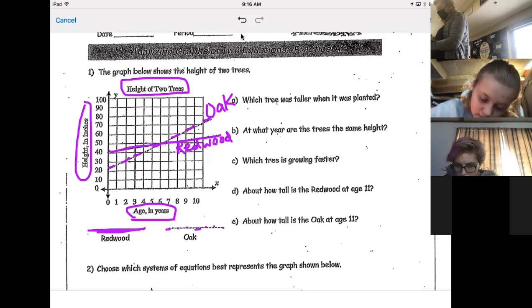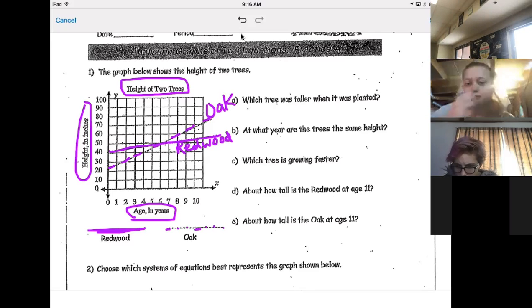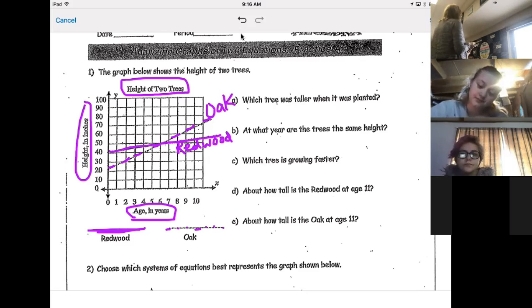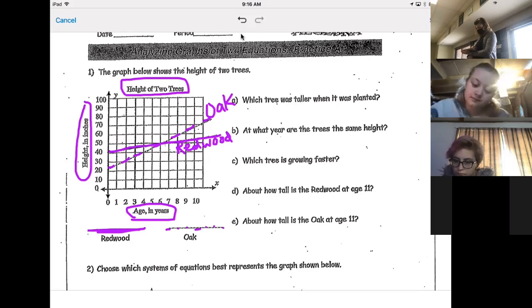It says, which tree was taller when it was planted? Well, when it was planted would correspond with what year? 0. So we look at 0 and we have the oak here and the redwood here. So which one was taller? The redwood.